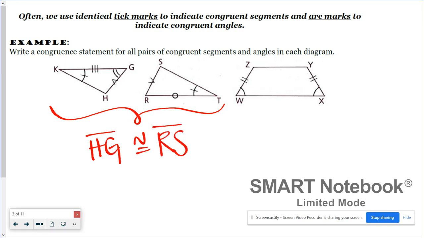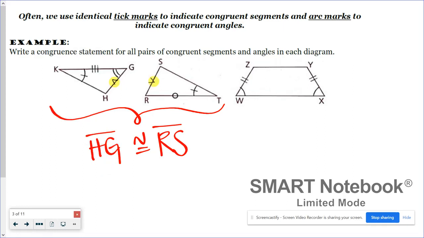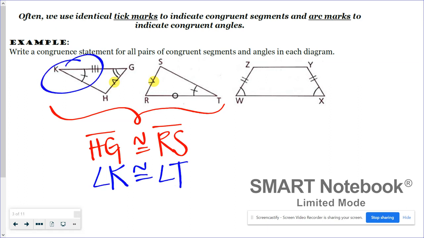For the first two triangles, I could also safely say that angle K is congruent to angle T, because they both have the arc mark with the little slash through it, so it's an identical marking. And in the third diagram, I can safely say that angle W is congruent to angle X.